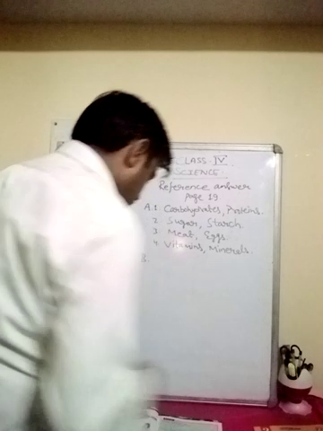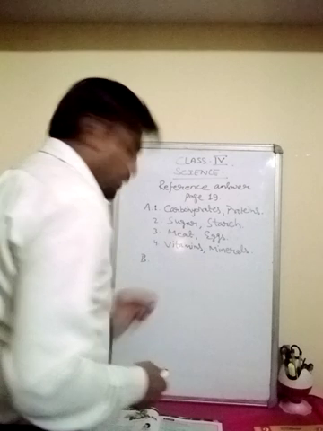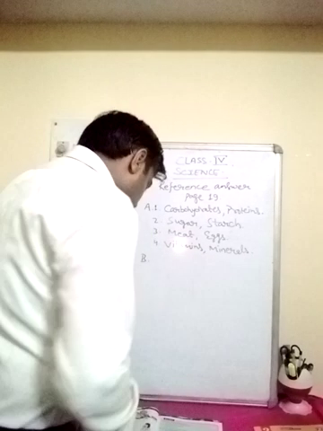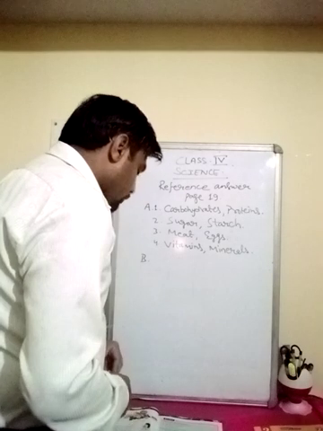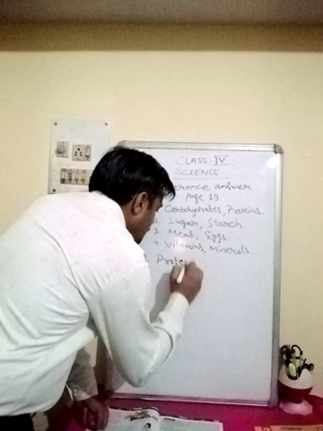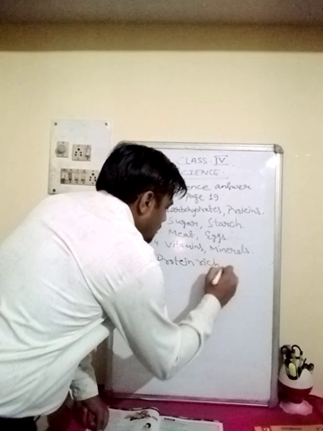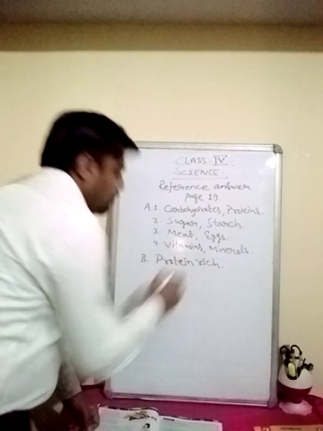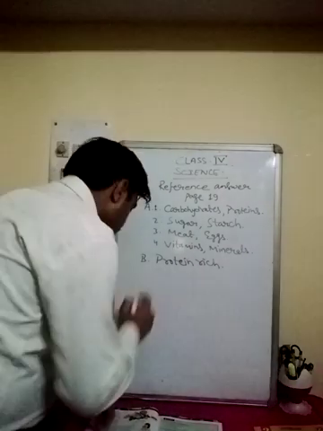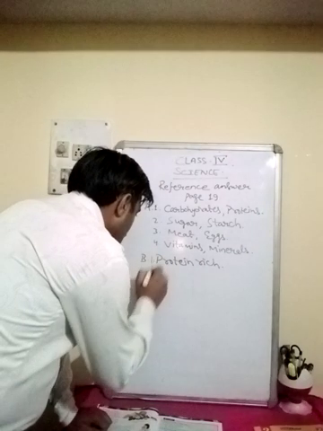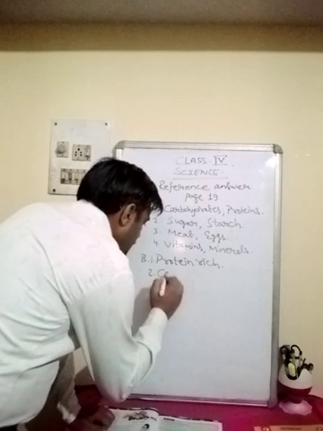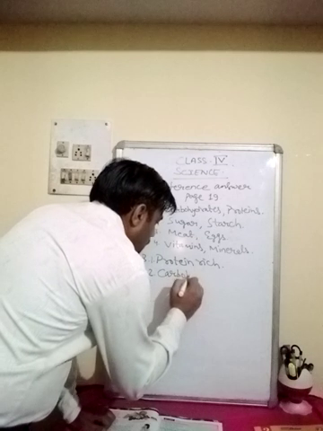Now question B is fill in the blanks. So let's read the question here. Number one, young children should include more protein rich food. Protein rich food. Number two, fats provide more energy than carbohydrates.